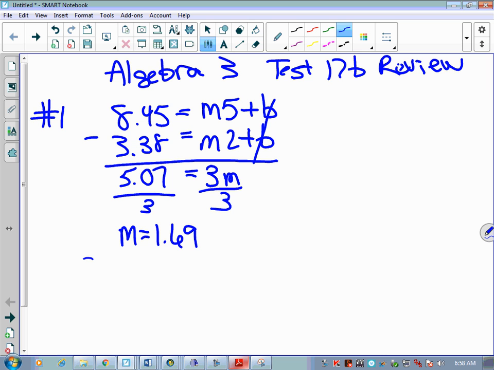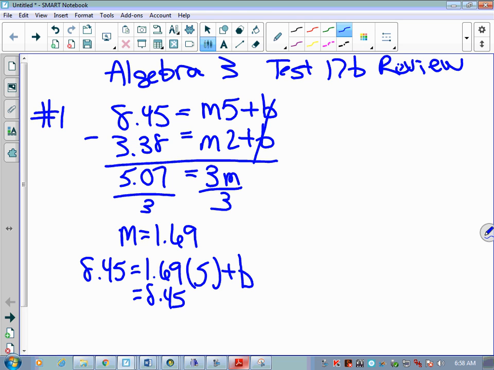But we do need to find B, so we're not quite done yet. Let's go ahead and take 8.45 equals $1.69 times 5 plus B and solve for that. $1.69 times 5 is $8.45. We would subtract, so it looks like B equals 0.